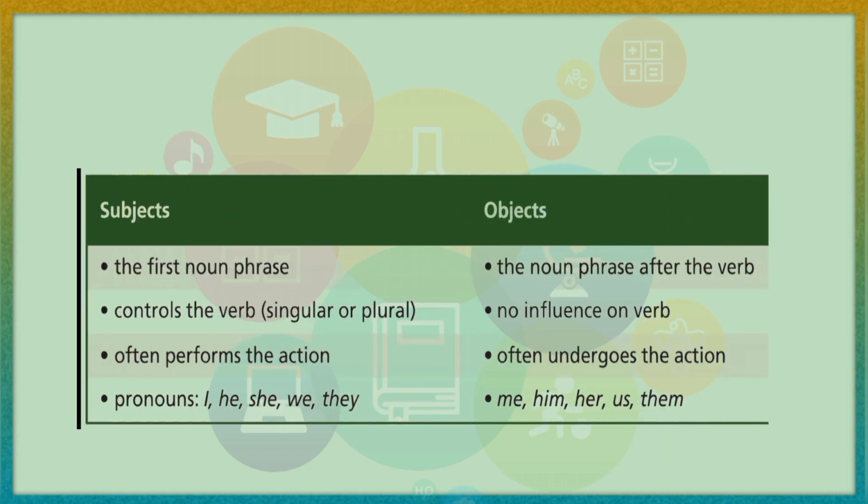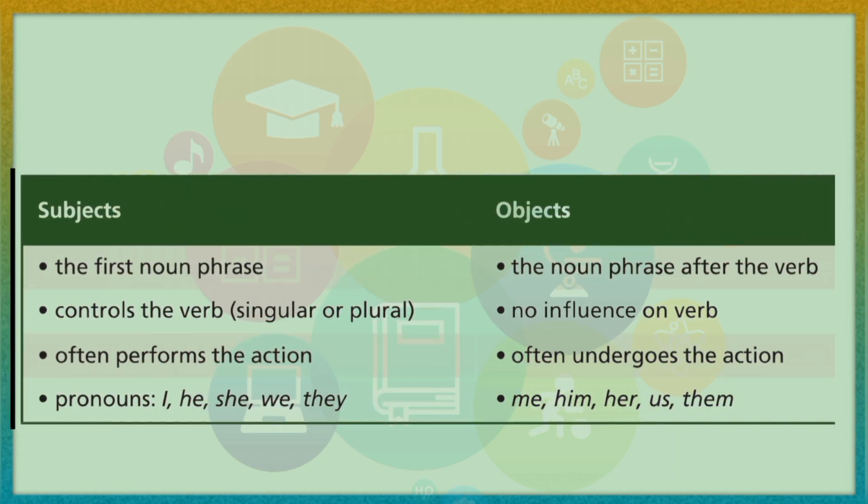There are a number of ways in which we can distinguish between noun phrases used as subjects versus objects. In addition to position differences, the subject is frequently the person or thing that the sentence is about, and often the one that performs the action of the verb, whereas the object more typically represents the person or thing that undergoes the action.